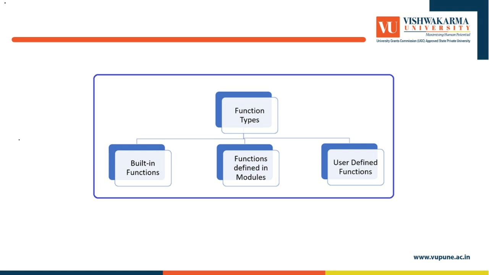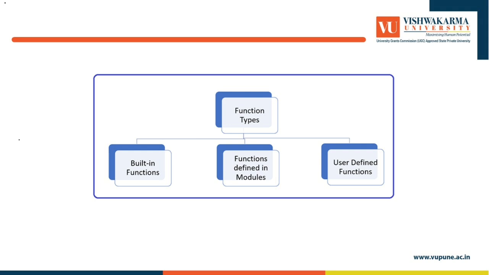Now, this is the main category. At the top, it indicates that we are discussing different types of functions in Python. Under function types, it branches out into three main categories. First, built-in functions. These are predefined functions in Python. You can use them without creating or importing anything.